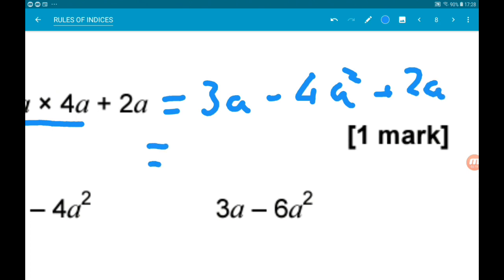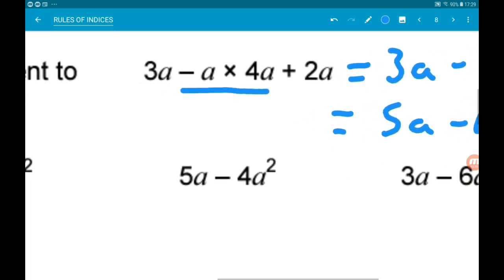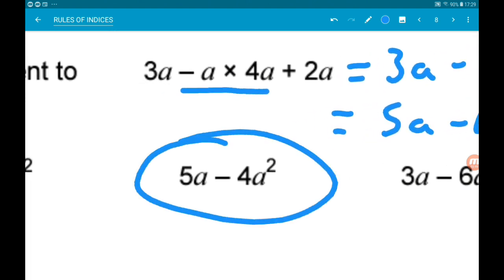Now that then is 5a, because we have 3a and 2a, so it's 5a minus 4a squared. Which is there.